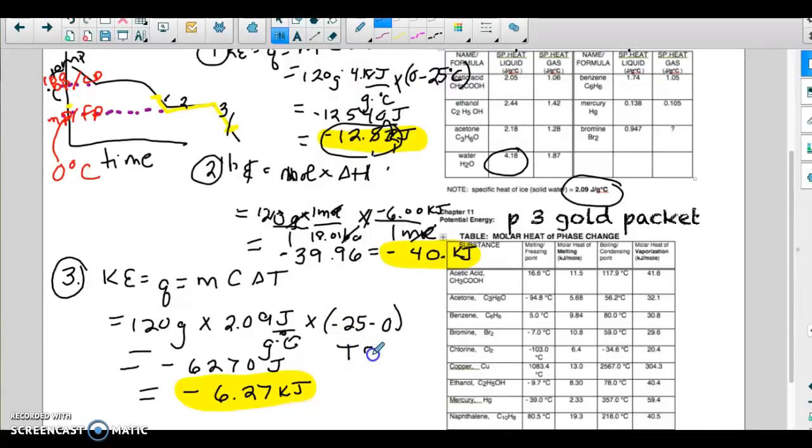So my total energy is going to equal negative 12.54 kilojoules plus, and these are all negative, so you'll get negative at the end, plus negative 40 kilojoules plus negative 6.27 kilojoules. So I end up with about negative 59 kilojoules. I hope that helps.